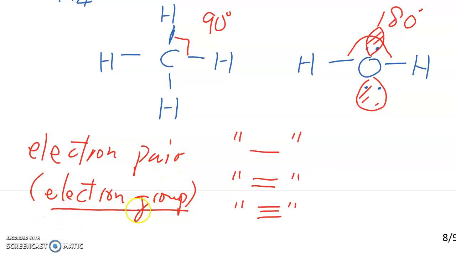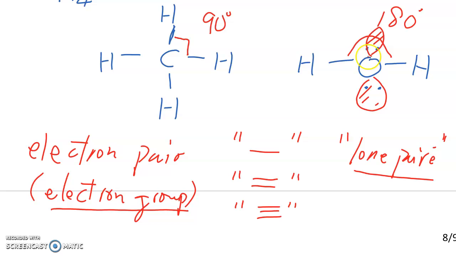Let's use this word, electron group. A single bond is 1 electron group. A double bond is 1 electron group. A triple bond is also 1 electron group. A lone pair of electrons is considered as 1 electron group.